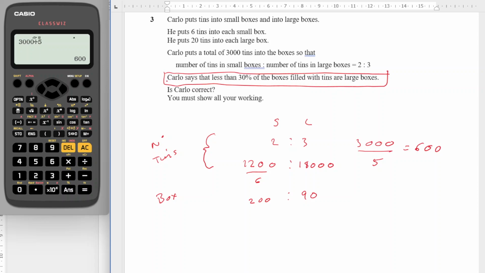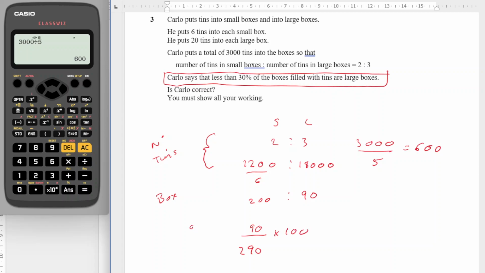So now I'll come down to, Carlos says that 30% of the boxes filled with tins are large boxes. So I'm after 30% of the boxes. So I need to do 90 divided by the number of boxes, which is 290. Let's clear that digit up. 290 times by 100.